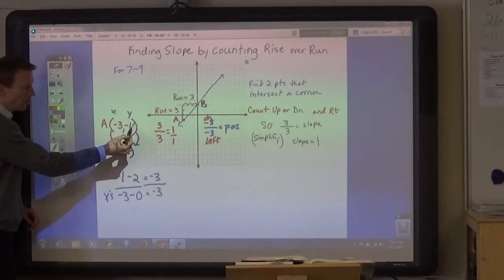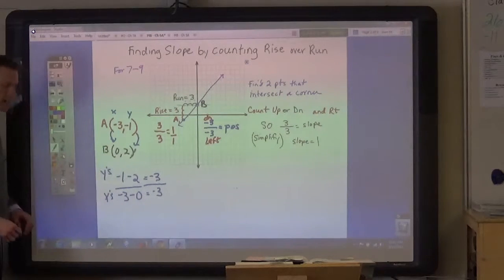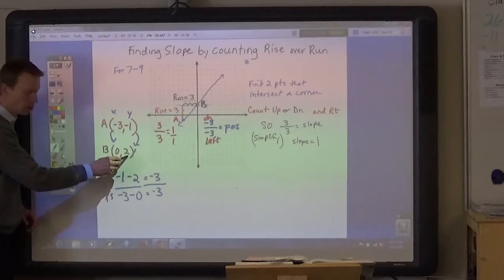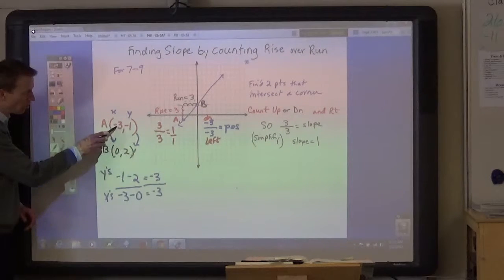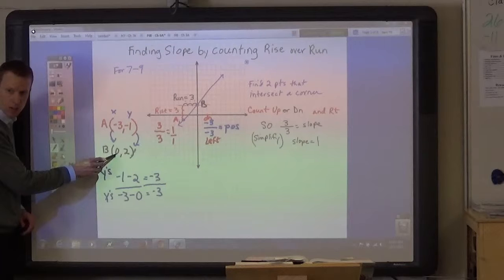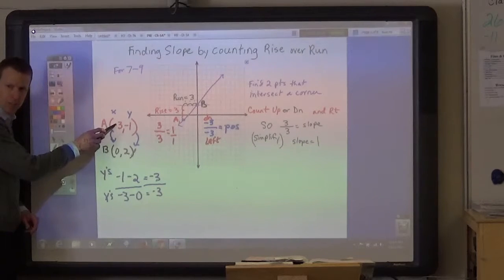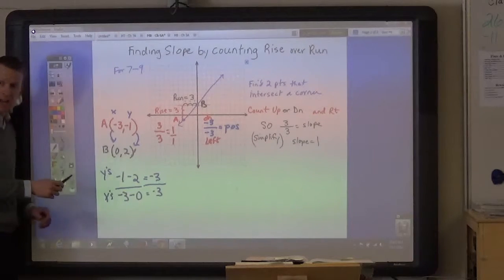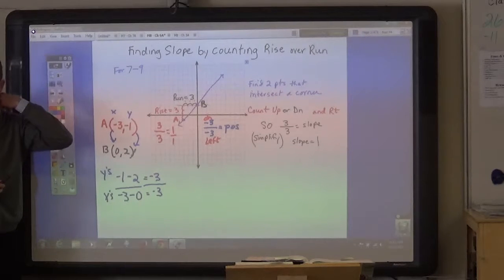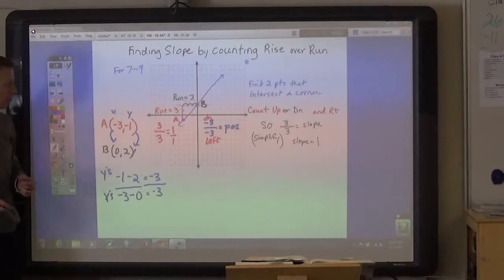You have to subtract them in the same order. If you do negative 1 minus 2, you have to also do negative 3 minus 0. You can't do 0 minus negative 3. That would be doing the x-coordinates in a different order. It's going to give you a different answer. Okay?